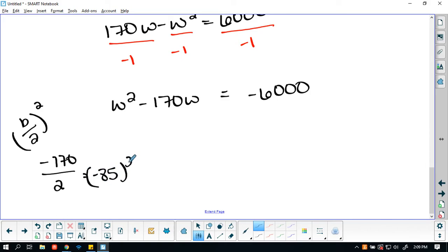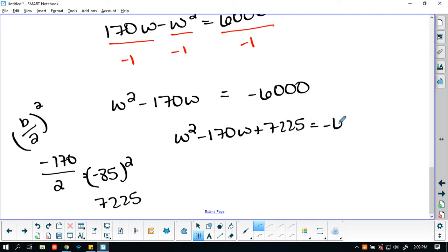And then we're going to square this guy. So we're left with 7225. So what I'm looking at here is W squared minus 170W plus 7225 equals -6,000 plus 7225.